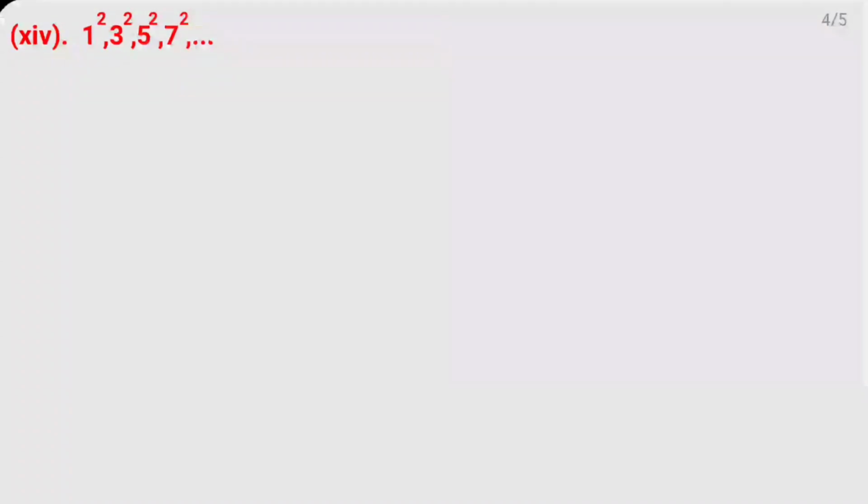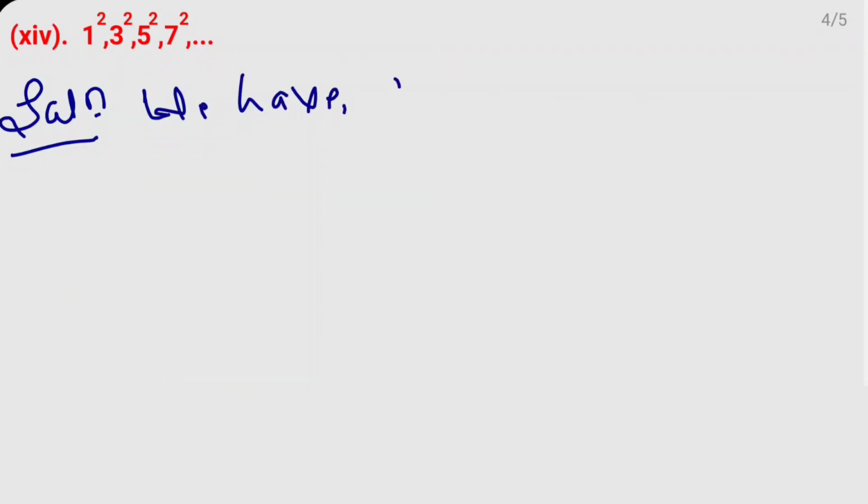So well students, look at the next problem. 1 square comma 3 square comma 5 square comma 7 square, and so on. So let me solve here. We have A1, first term is 1 square, so 1 square we can write 1 only. And next A2, second term is 3 square, 3 square is 9, A2 is 9.